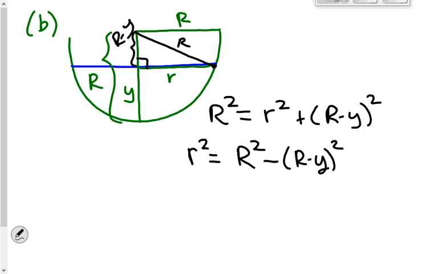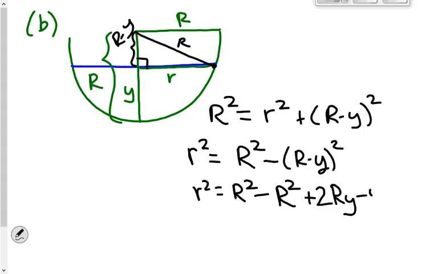My spidey senses tell me that somehow if I FOIL this out, my capital R squareds are going to go away, right? So r squared minus r squared plus 2ry minus y squared, actually.